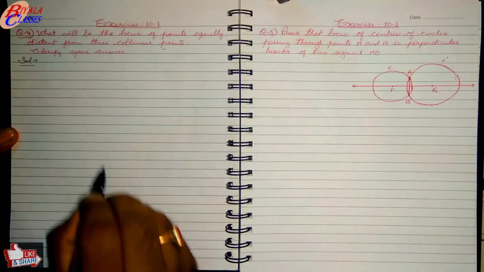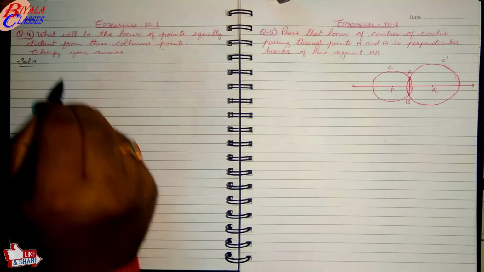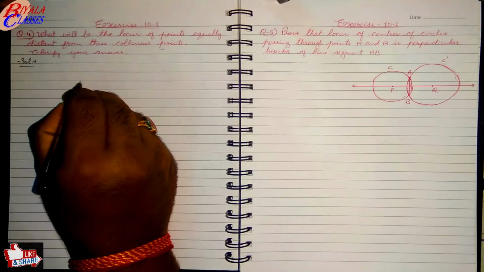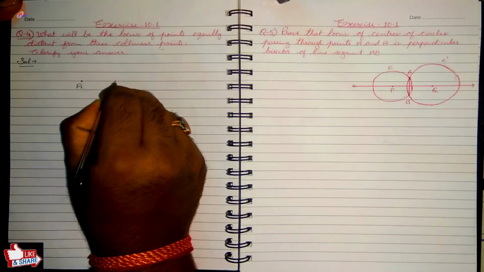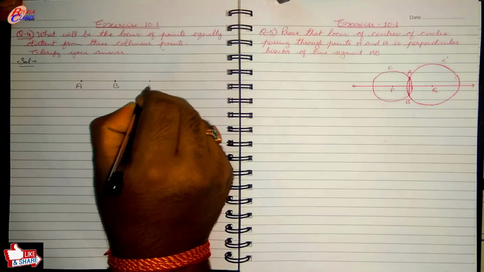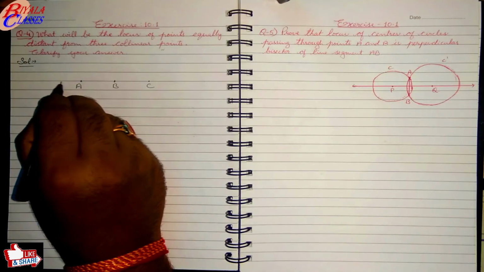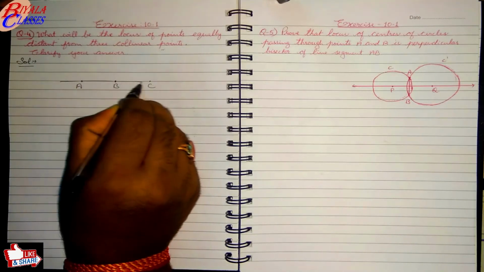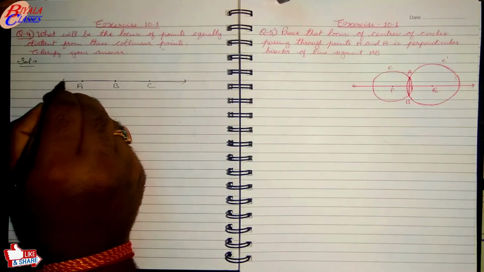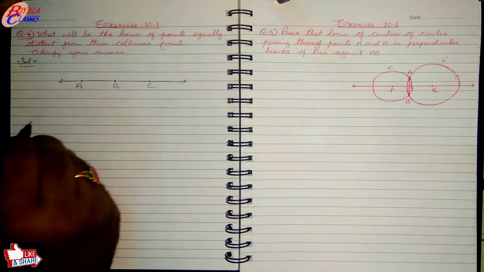It says to clarify your answer. So if you consider 3 points, say point A is there, point B is there, and point C is there. Because you need collinear points, so we are going to take them on a line.